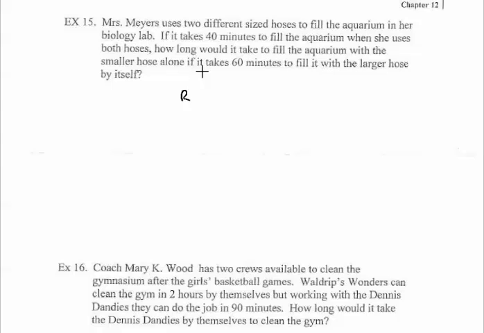Okay, so we have a rate of the smaller hose, a rate of the larger hose, and then a rate of the 2 hoses working together. They're filling the same size aquarium.